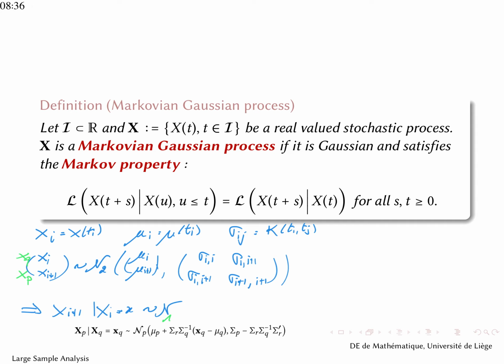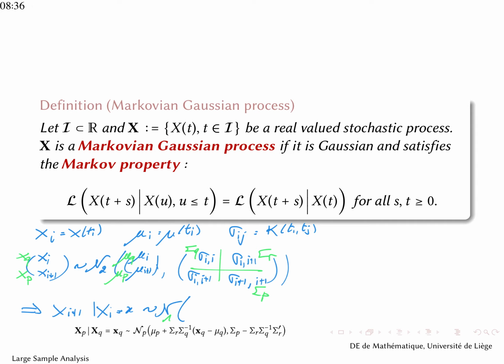Since xq is xi, it means that mu q is mu I, and mu p will be mu I plus 1. And then if we make the split of the variance-covariance matrix, we see that sigma p corresponds to sigma I plus 1, sigma q corresponds to sigma I, and sigma r corresponds to the covariance sigma I plus 1.